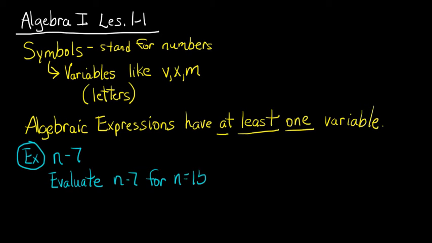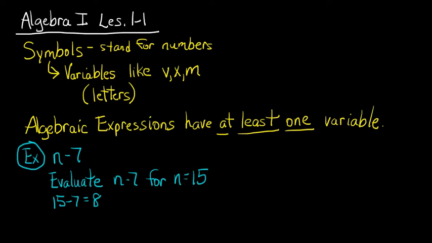That means you're simply going to say, okay, n equals 15 here, so I'm just going to substitute that in. So instead of writing n minus 7 now, I'm going to say 15 minus 7, and I know that 15 minus 7 equals 8.